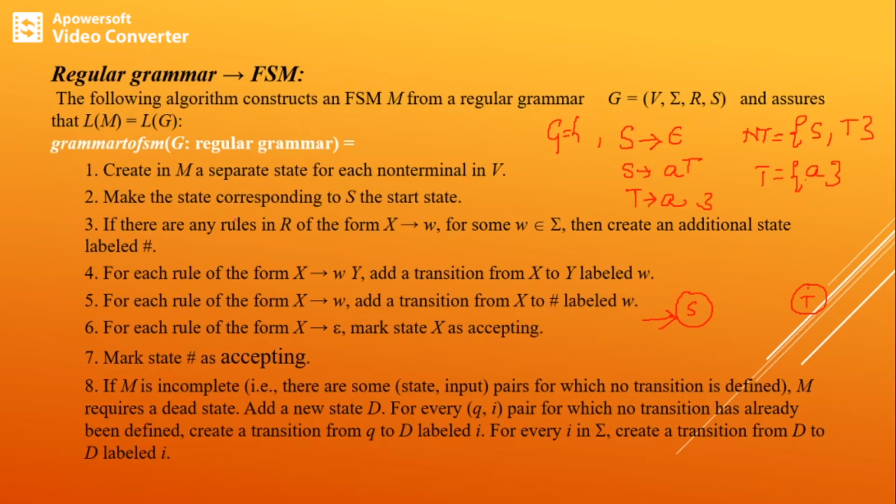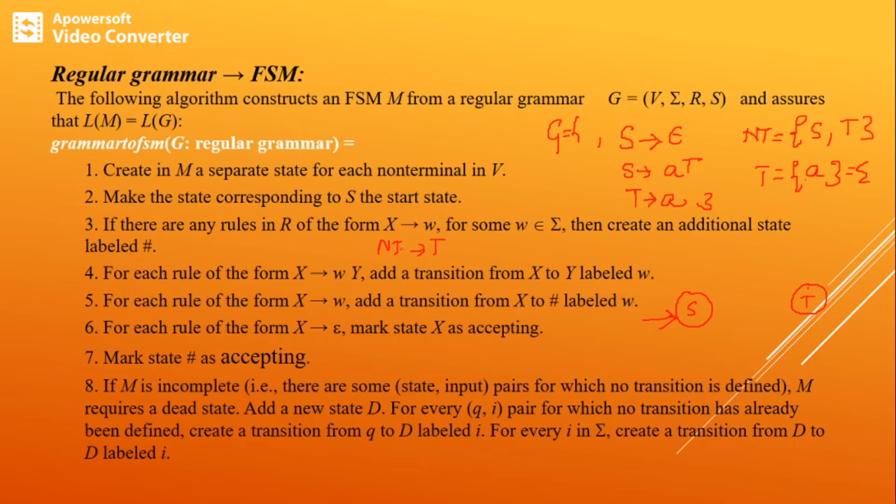Next, if there are any rules of the form X gives W, what do you mean by that? X is a non-terminal, and W belongs to sigma, which is a terminal.